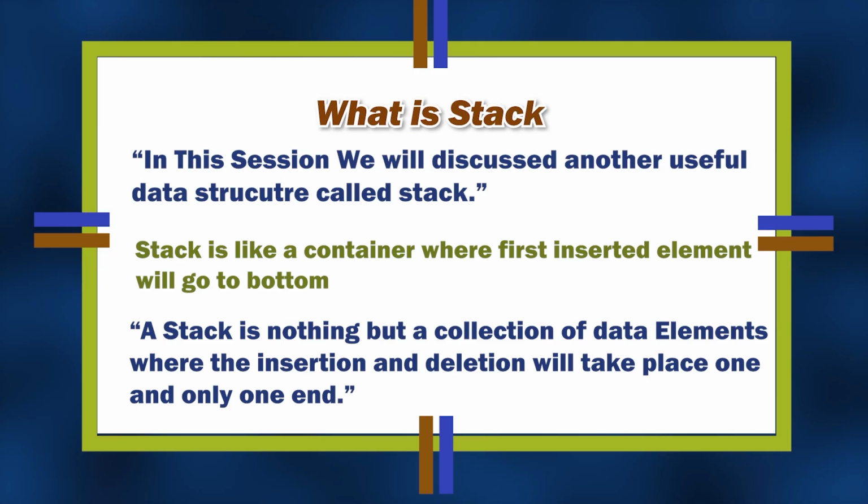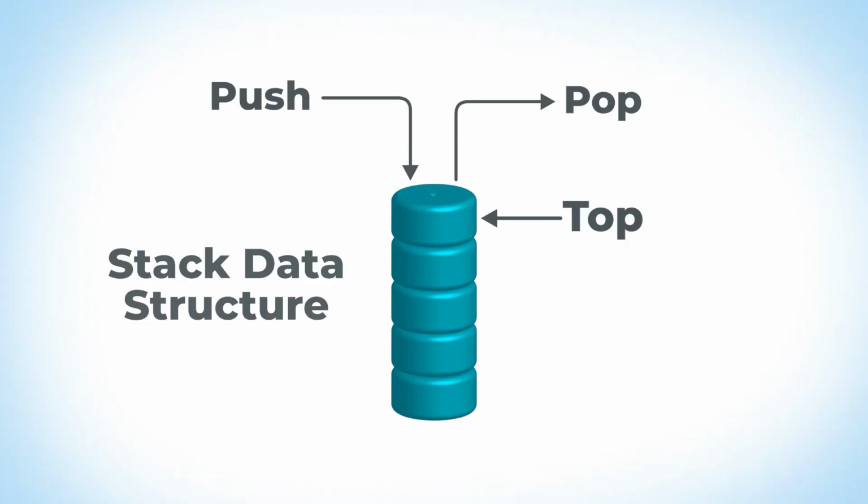A stack is nothing but a collection of data elements where insertion and deletion take place from one end only. As shown in this diagram, we have a cylinder-type structure, called a stack, where you can insert an element from one end and remove an element from the same end.